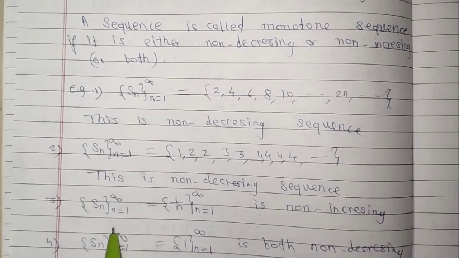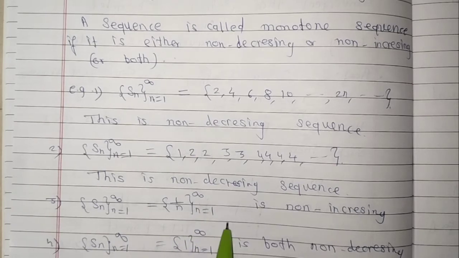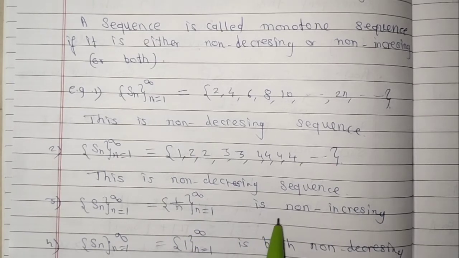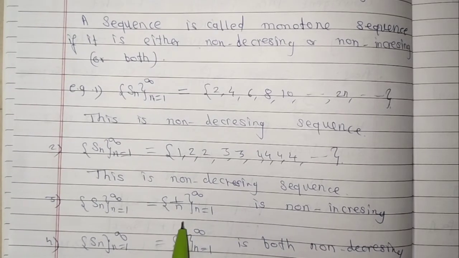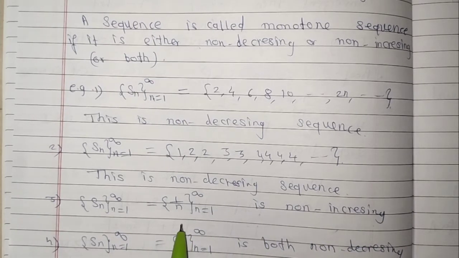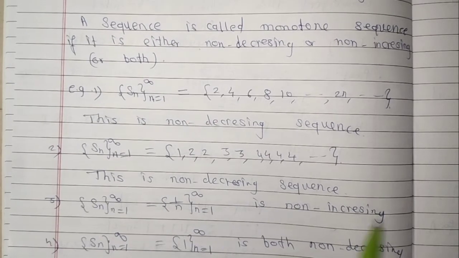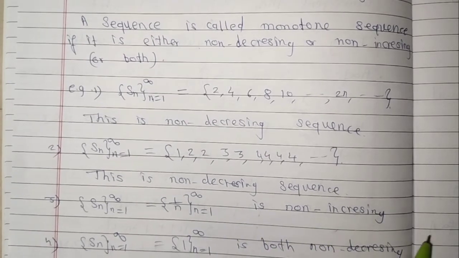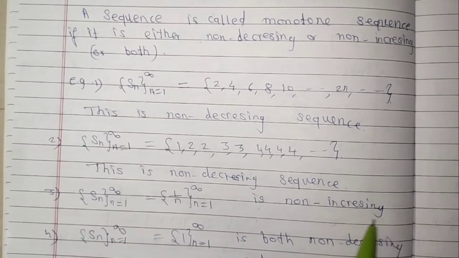Consider the next example, the sequence Sn equal to 1 upon n, n going from 1 to infinity. This sequence is non-increasing since the terms are decreasing. Here the terms are 1, 1/2, 1/3, and they go on decreasing, so it is a non-increasing sequence.